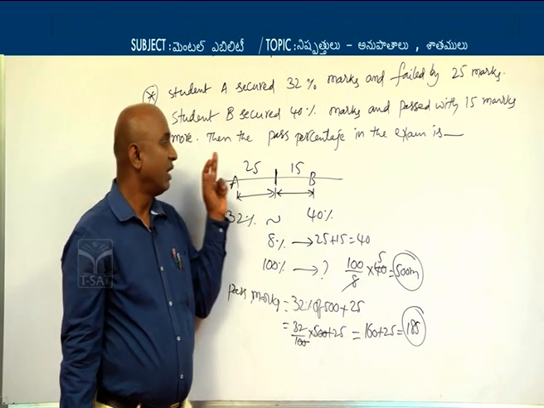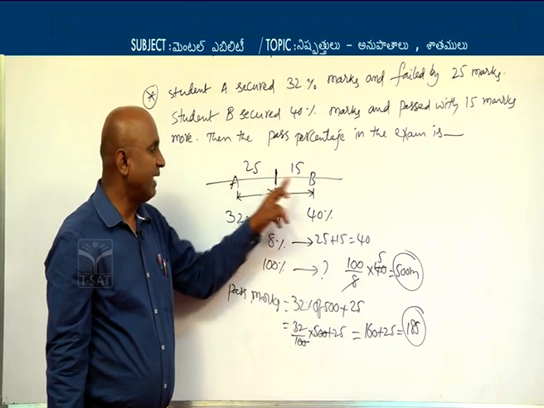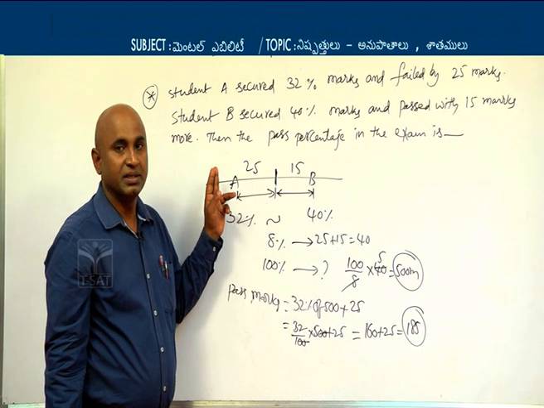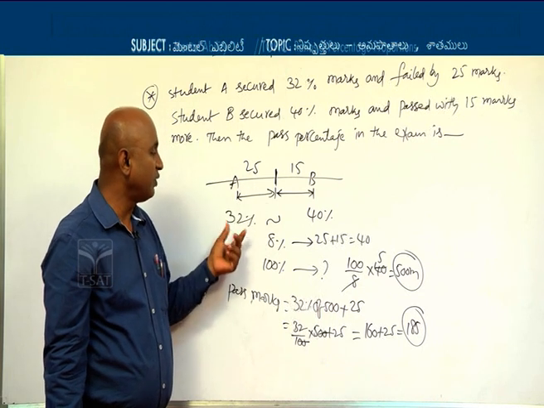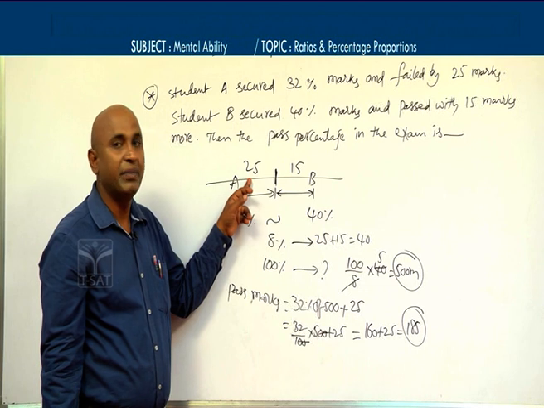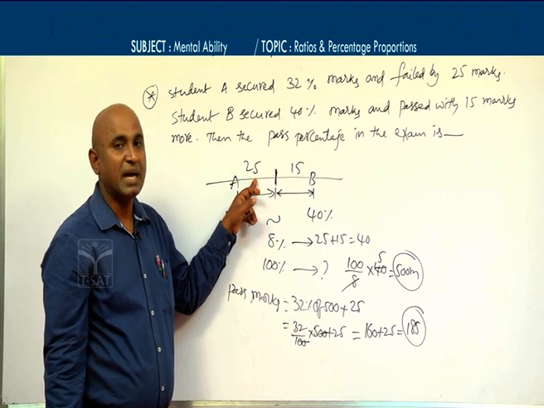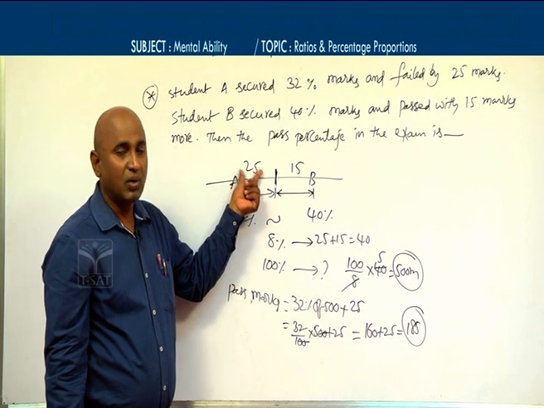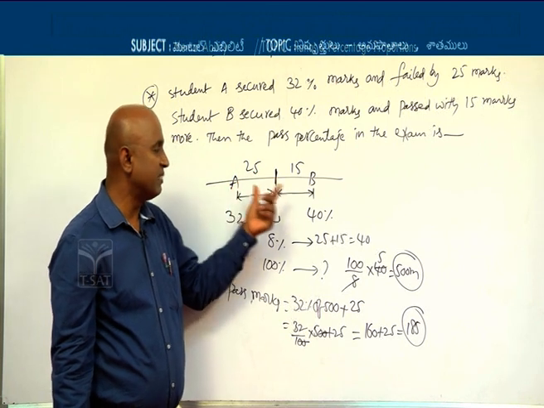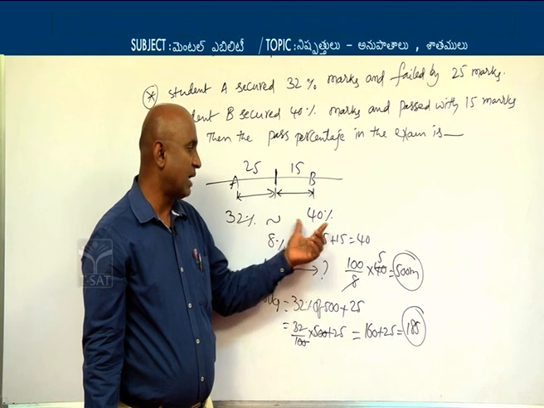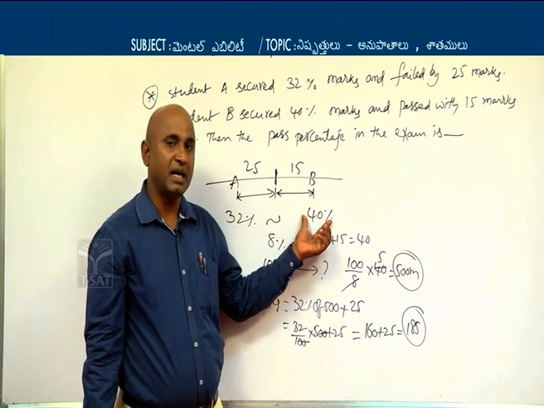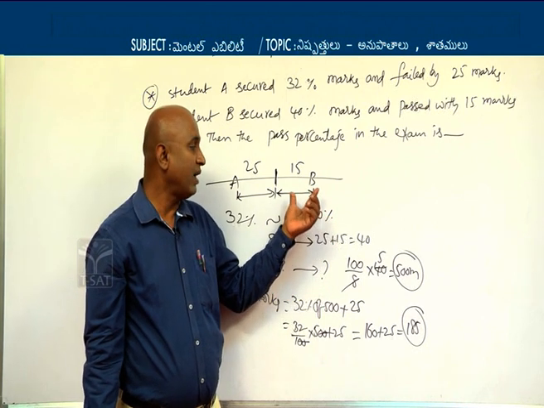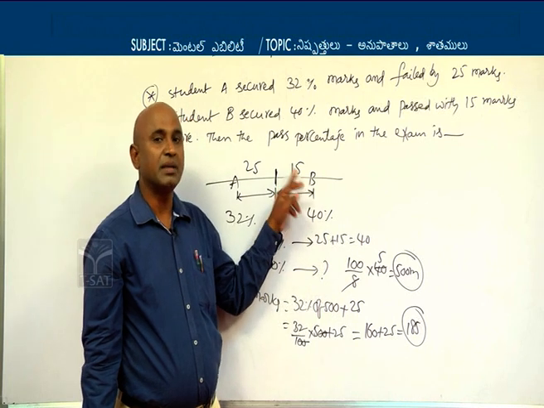See the value in an exam, A and B got the marks like this. A got 32% marks and he failed by 25 marks less. If he gets 25 marks more, then he will also pass. Similarly, B passed the exam and he secured 40% marks, and B got 15 marks more than the pass marks.